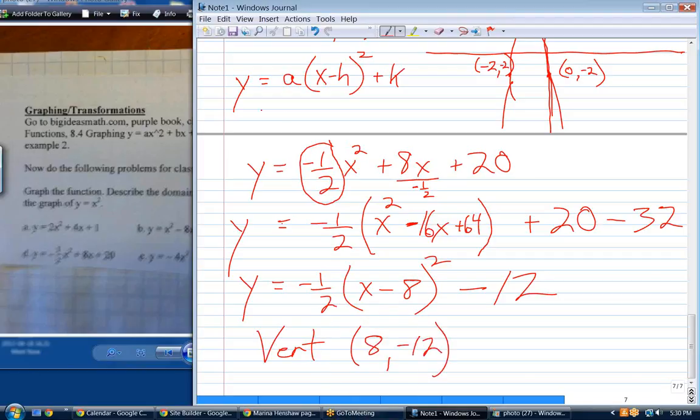Because remember, the standard is this. If the standard is x minus h, then h has to be positive 8 for this to be x minus 8. That's h right there. Okay? All right, so we got a vertex.